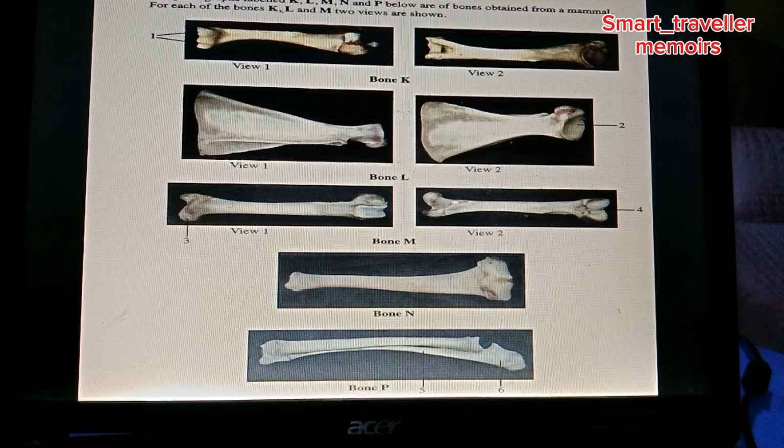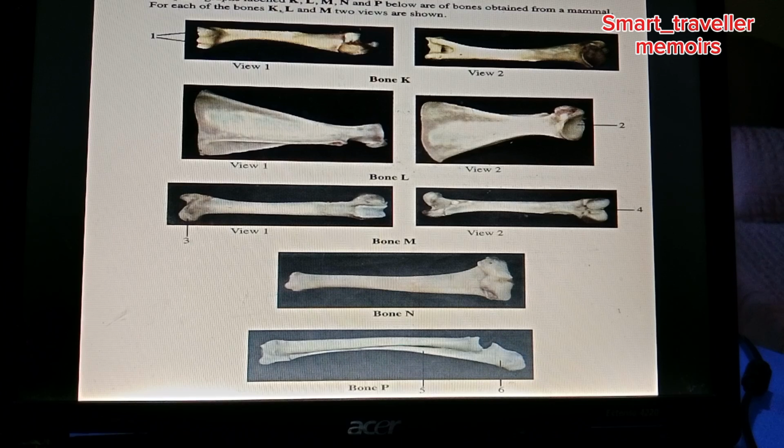So we have 1 label in bone K view 1, 1 label in bone L view 2, 2 labels in bone M view 1 and view 2, and then the last labels are on bone P, which are 5 and 6.